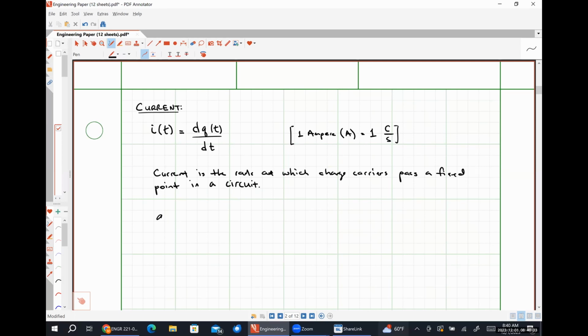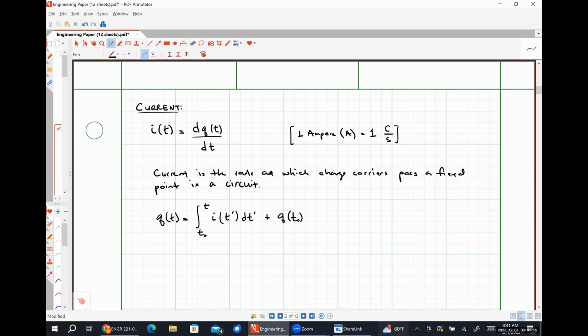So charge in terms of current is given by Q is equal to the integral from, let's call this time t naught, to some later point in time t of our current as a function of t prime, dt prime, plus Q at t naught. Okay. So this is an ugly equation, and there's lots of weird little nuance going on in here that I need to explain to you guys.